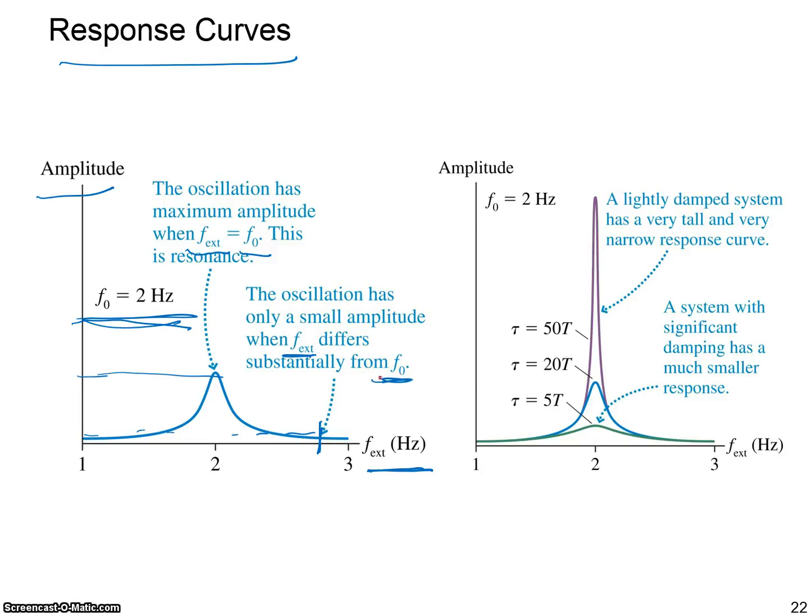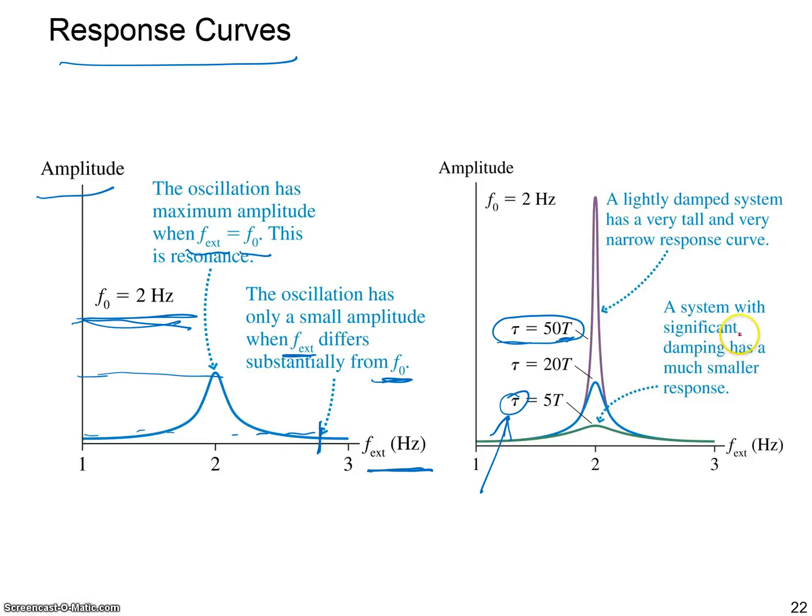And then he also shows that the damping factor, or the time constant here, plays a part in the response you get. Remember, this time constant's determined by the system. So it says a lightly damped system has a very tall and very narrow response curve. So this would be your time constant's 50 T. T is the period, and so you get a high response there, high amplitude.